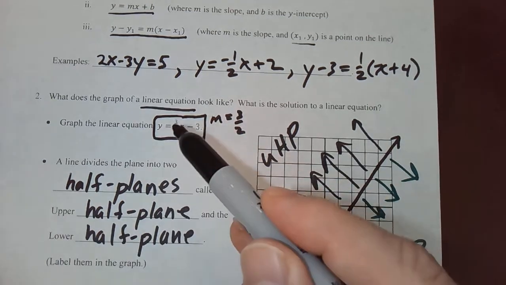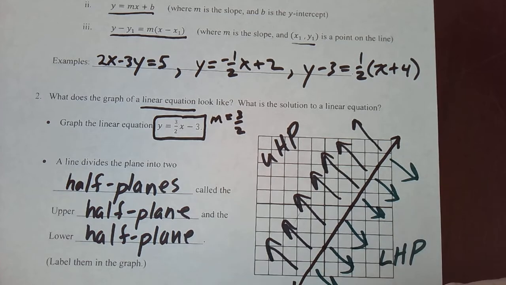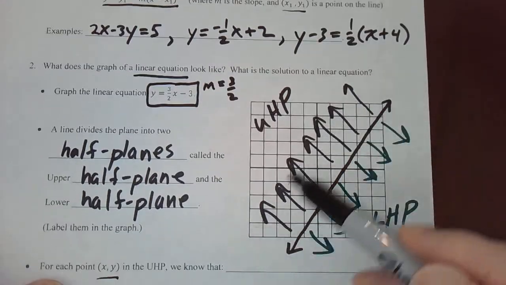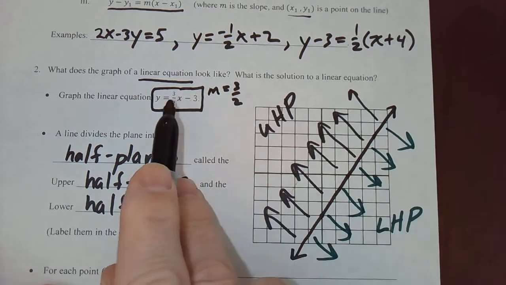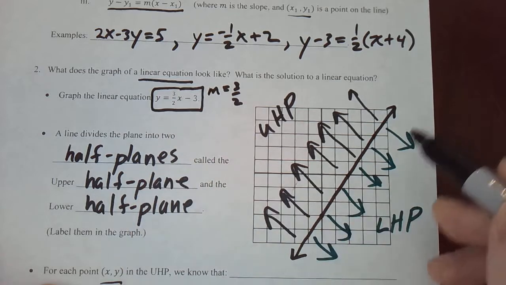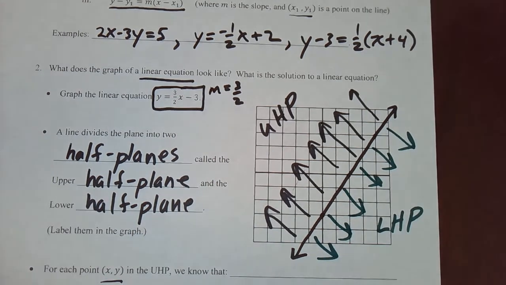Well, suppose the y value is greater than 3 over 2x minus 3. That point would be in the upper half plane. Suppose the y value is less than 3 over 2x minus 3, then it would be in the lower half plane. So one of those three conditions has to exist.